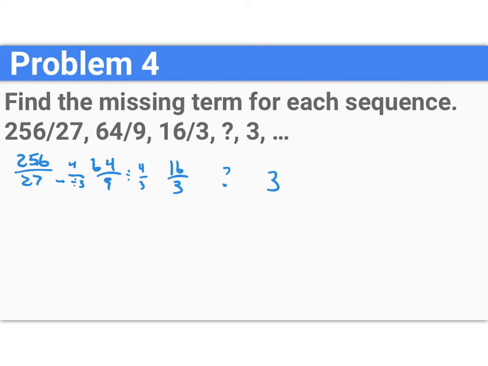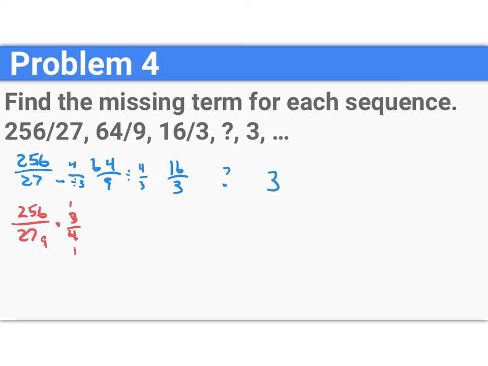Okay, so it looks like we got a pattern. But this is what we're going to do. We're going to do 256 over 27. And we know that when we divide fractions, we have to multiply by the inverse. So we're going to multiply by 3/4. And so we know that we factor out, and that becomes 9.